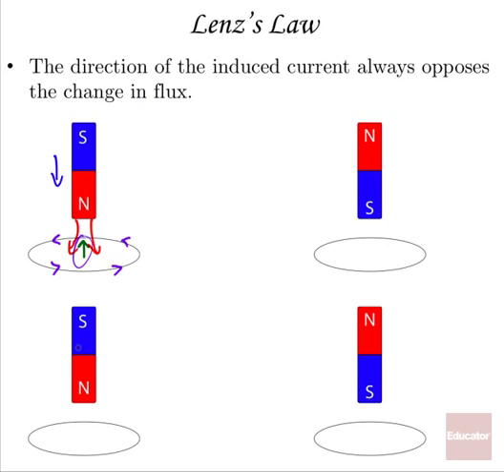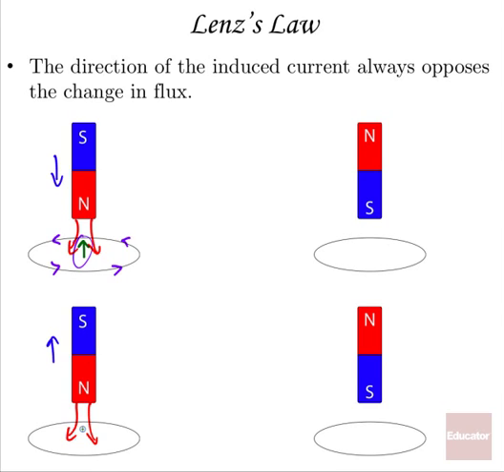Let's take a look down here at this example. We're going to do the same basic idea, but now we're going to move our magnet this way. Once again, the magnetic flux was going this way, down through the loop, but as we pull the magnet away, as we move it up away from that loop, we're going to have less magnetic flux going down through there. Well, the induced current wants to oppose that.